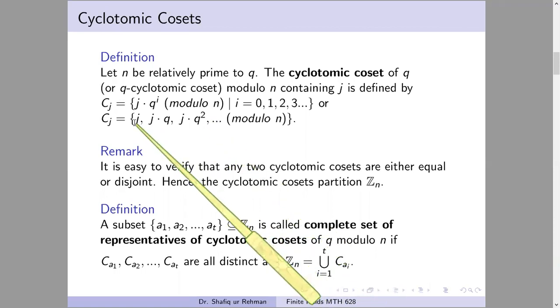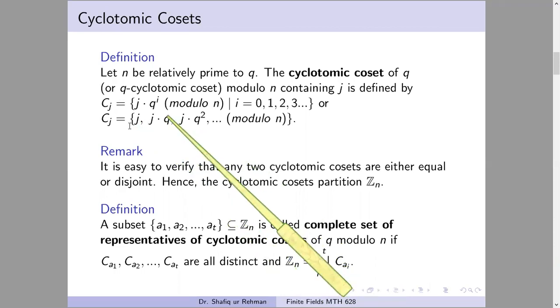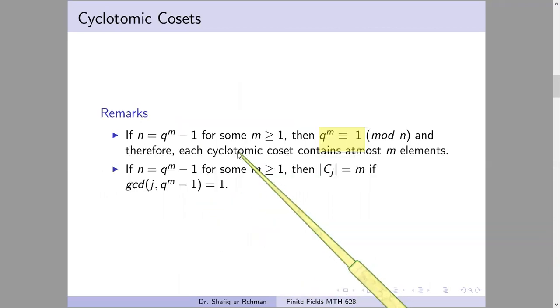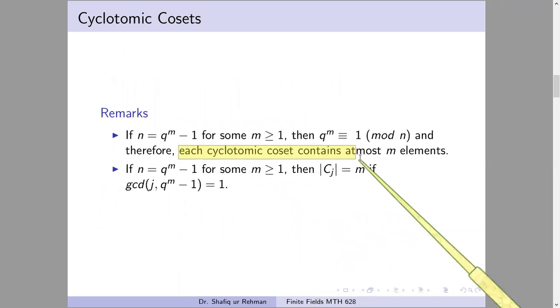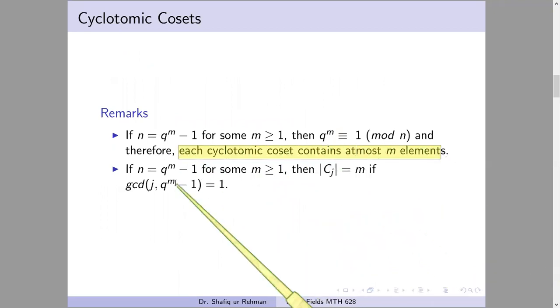So again this element j will appear. So repetition starts. From this observation we conclude that each cyclotomic coset contains at most m elements.